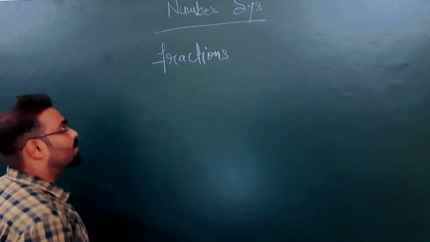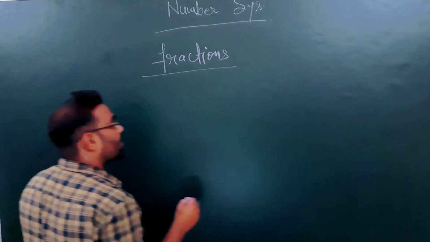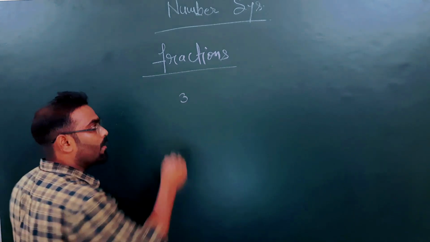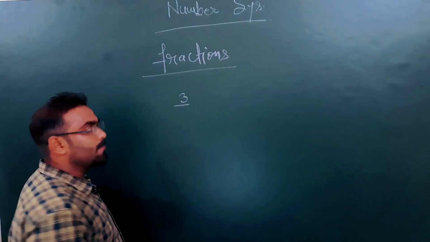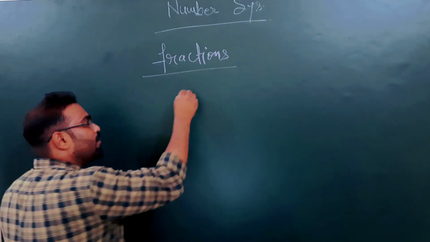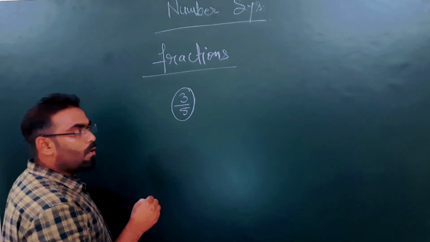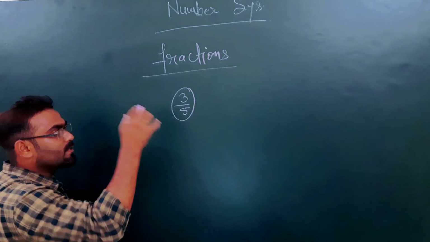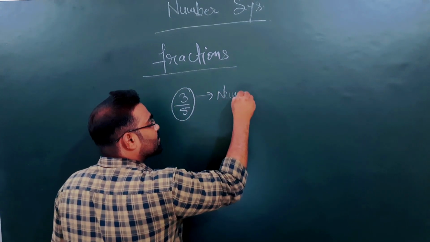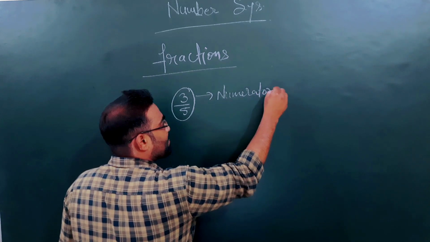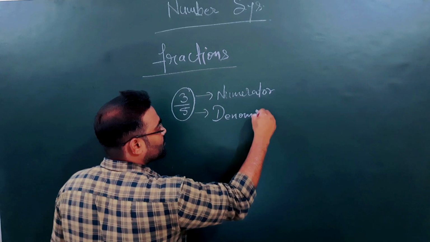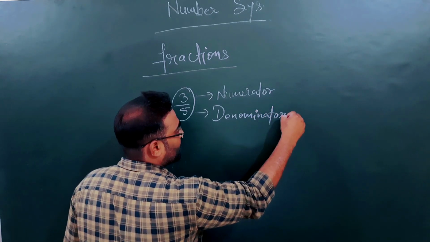So a fraction, like if you write a 3, put a line under it, and write a 5. This way of representing a number is called a fraction. Now this upper part is the numerator and this lower part is the denominator. Clear?